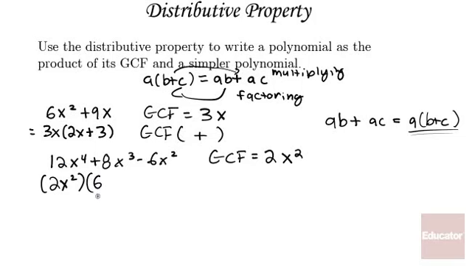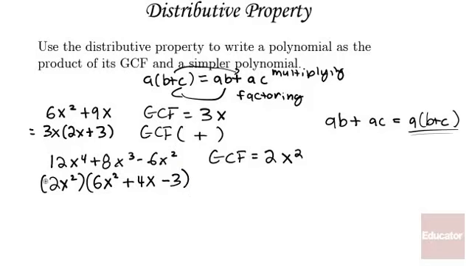If I take x squared out of x to the 4th, that's going to leave me with x squared. Plus, taking 2 out of 8 leaves me with 4. X squared out of x cubed gives me 4x. And then here, make sure you keep your sign straight. This is a negative sign, and I have a 6x squared. Pulling 2 out of that leaves me 3, and no x's will be left.